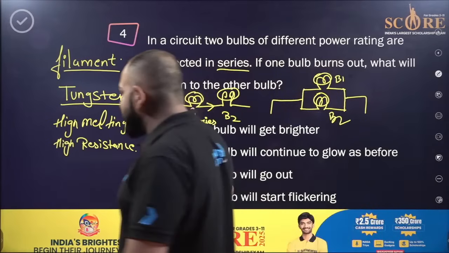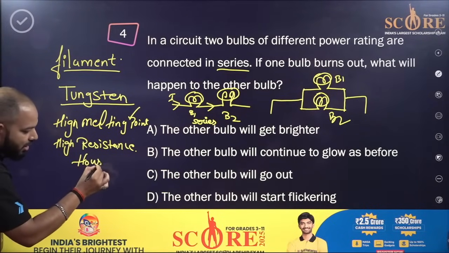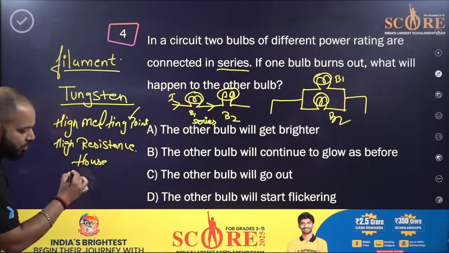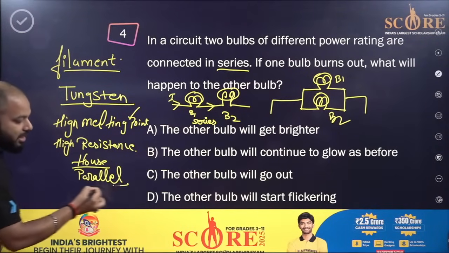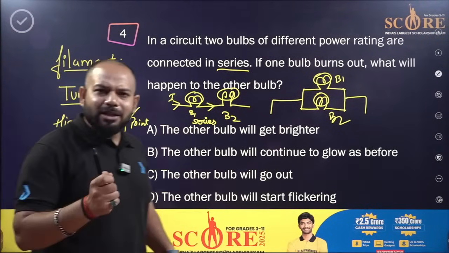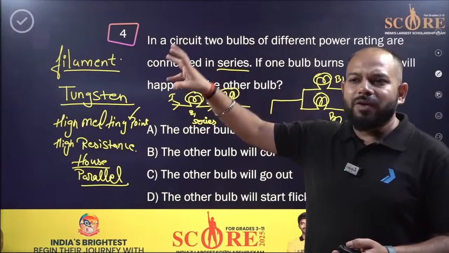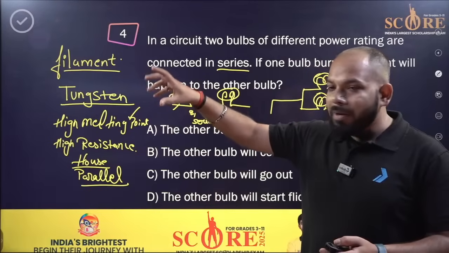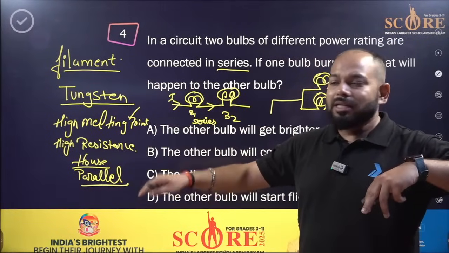And that is the reason in our household, remember, what do we do? We do the parallel connection of the appliances, because you have seen in your home also, if suddenly some LED bulb or the fan is not working, but the AC or the refrigerator or whatever else is there, that is still working.